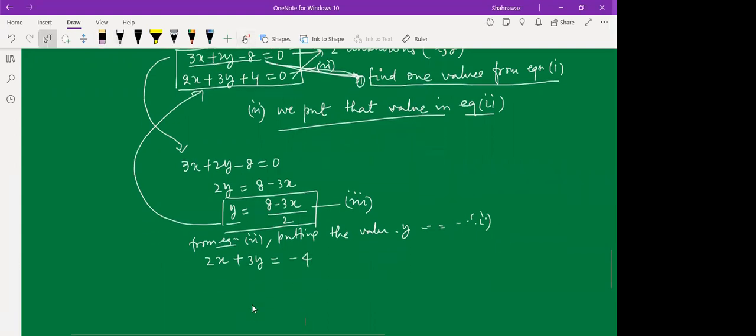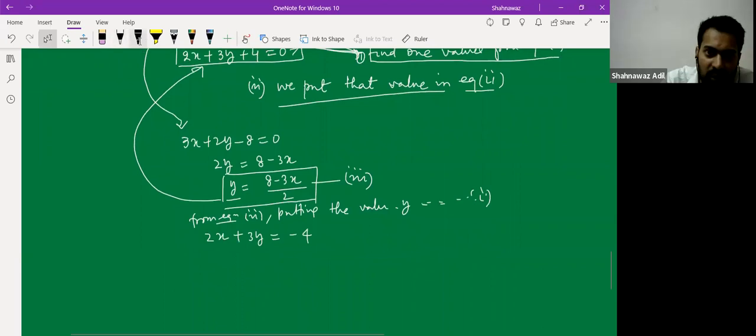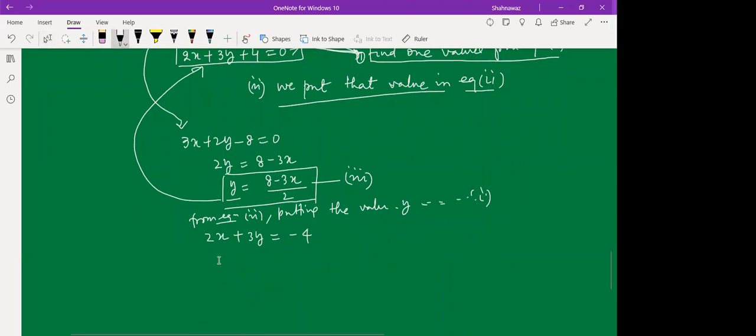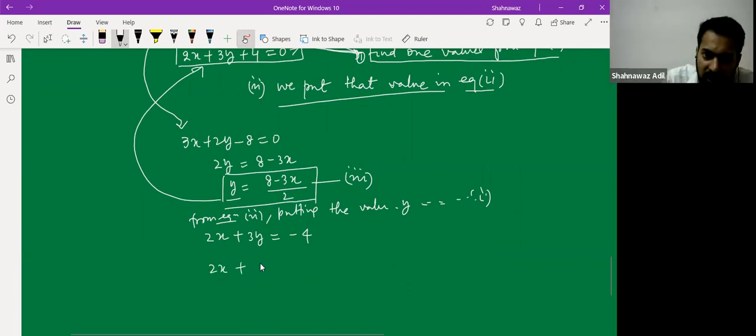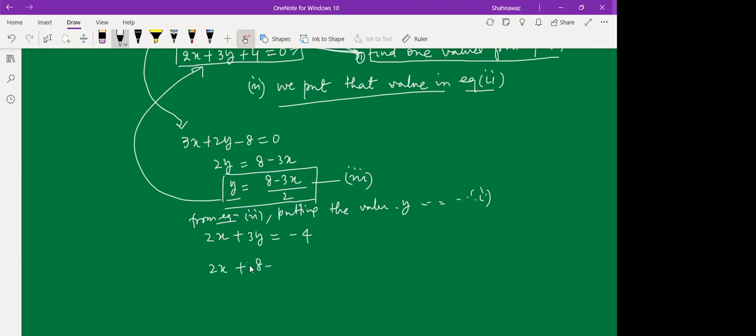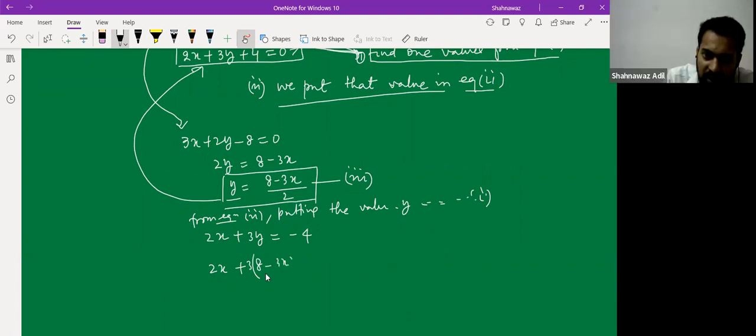And what is the value of y? 2x plus 3 times (8 minus 3x by 2) equals -4, right? Now we only have x in the equation, right?